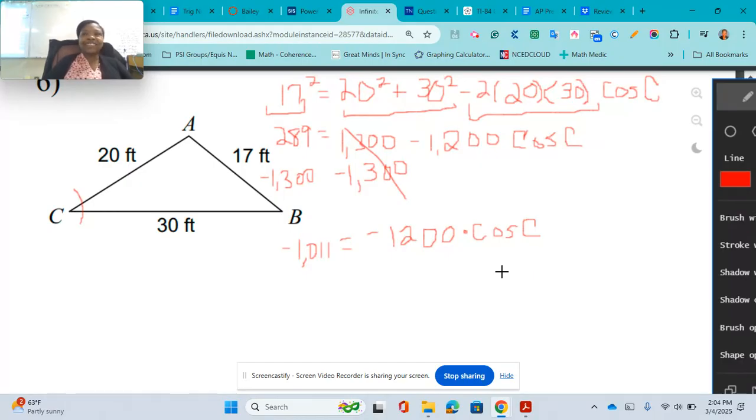We need to get the C by itself. What do we move now? It's the negative 1200. I need to divide it by the negative 1200. What I do to one side, I have to do to the other side.